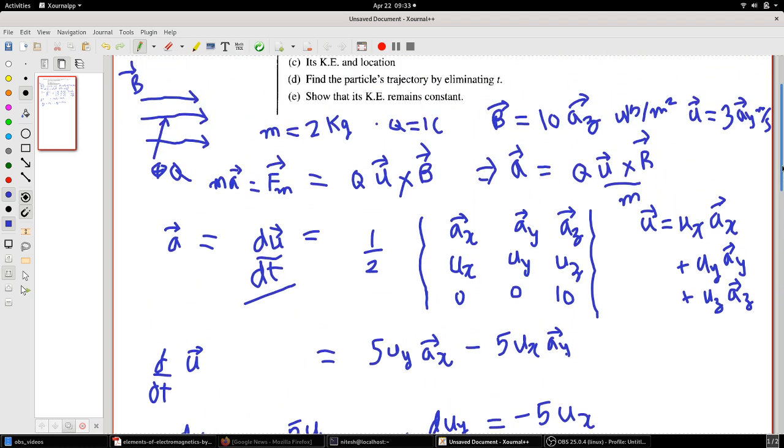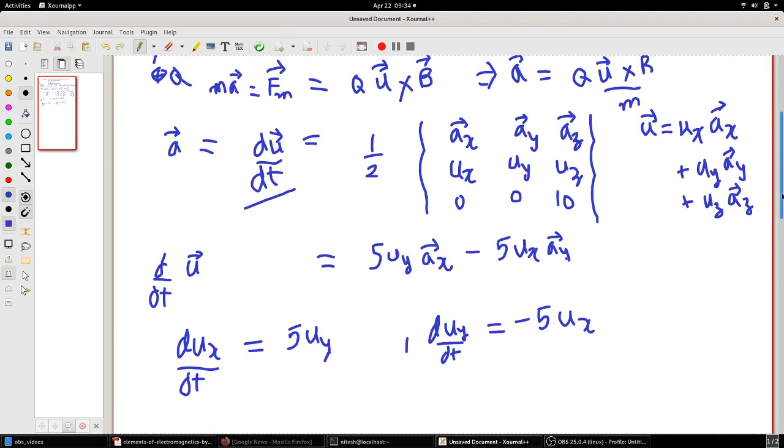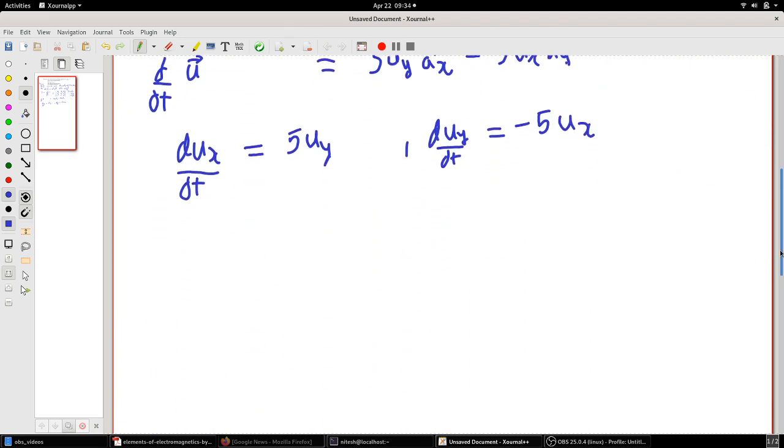Now what I can do here is differentiate. I can take a second differential of this, differentiating on both sides.